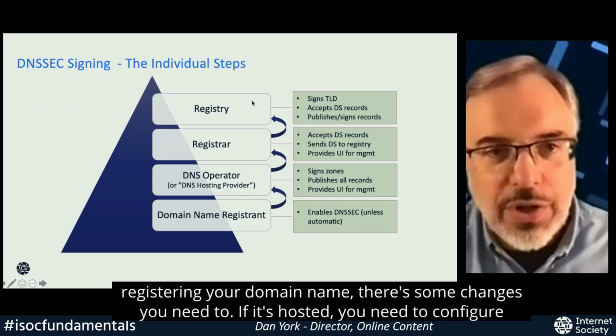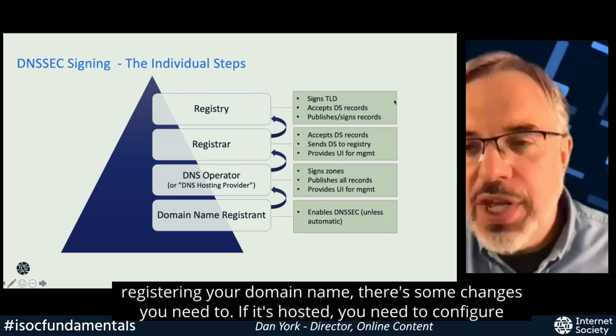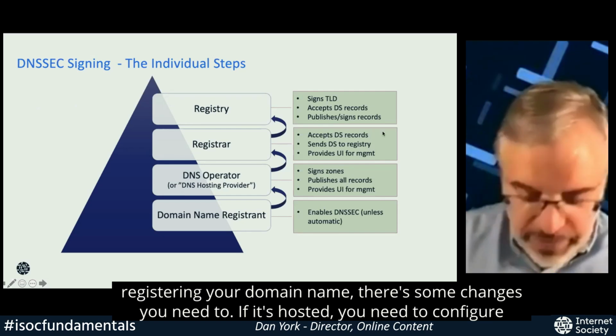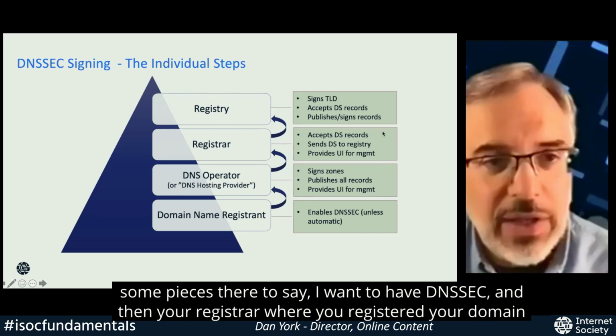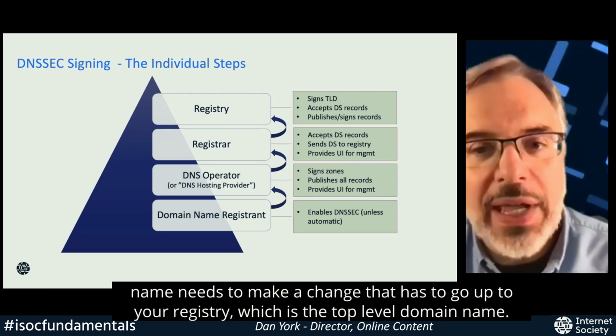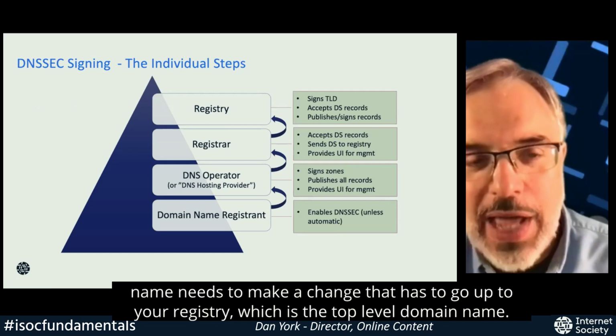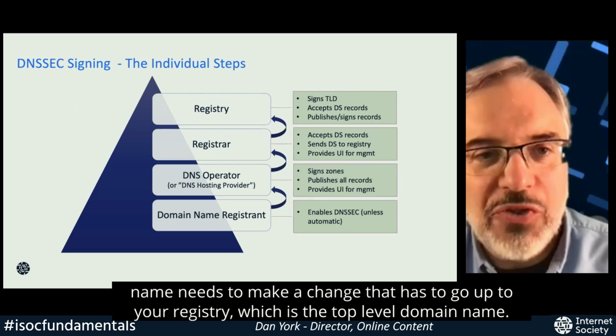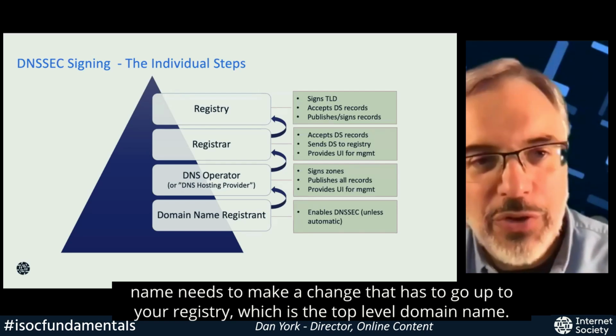If you are registering your domain name, there are some changes you need to make where it's hosted. You need to configure some pieces there to say, I want to have DNSSEC. And then your registrar, where you registered your domain name, needs to make a change that has to go up to your registry, which is the top level domain name.